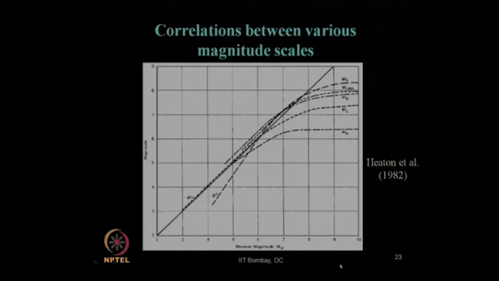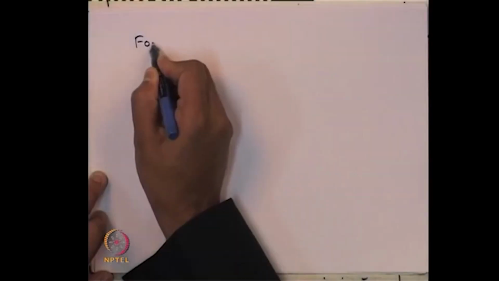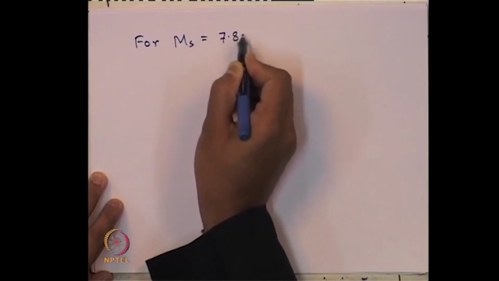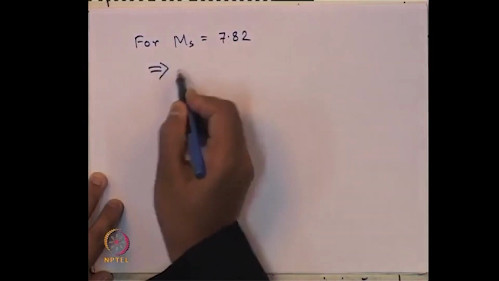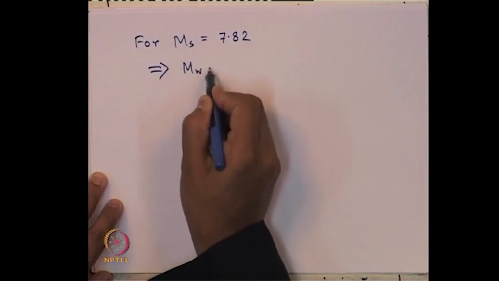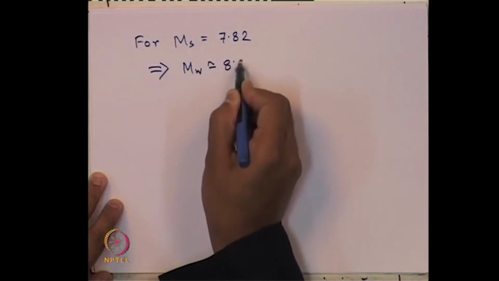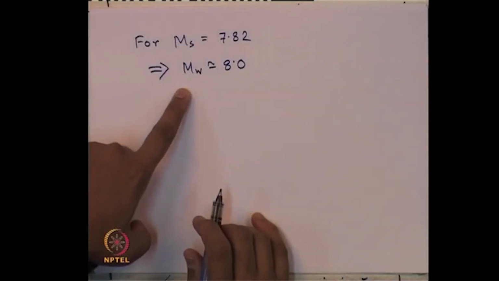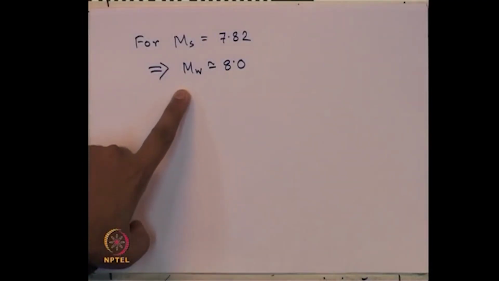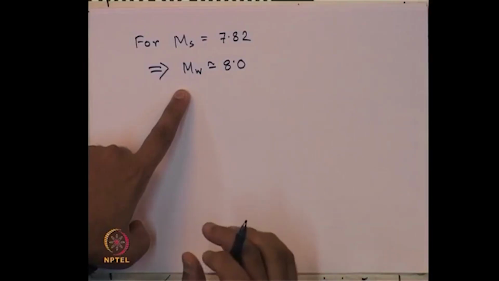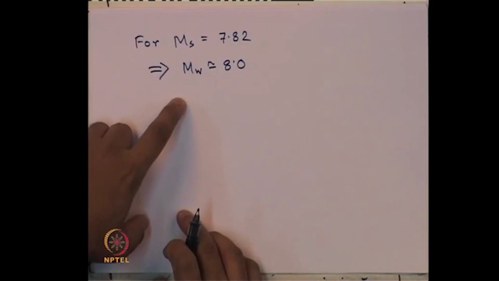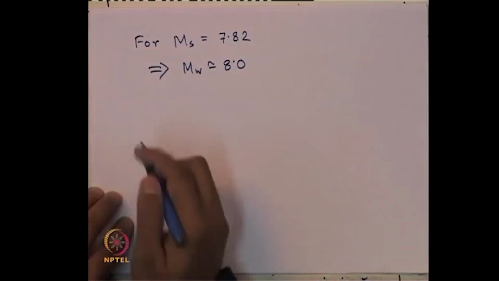So, using this relation for an Ms value of 7.82, we can infer that Mw is about 8.0. Now, if somebody wants to calculate this exactly, either you can use a scale to estimate it properly, or you can use some other correlations between Ms and Mw, as I have discussed in the lecture.